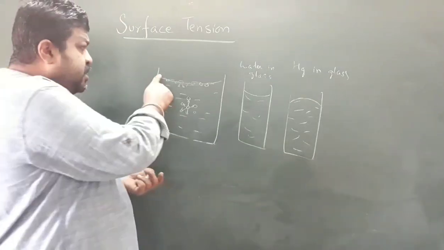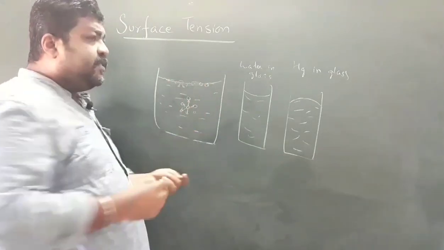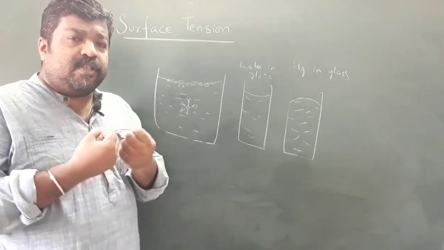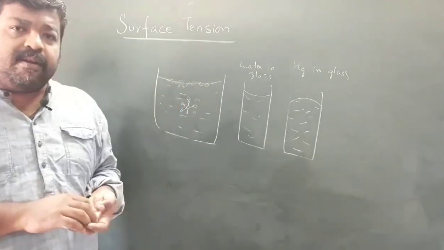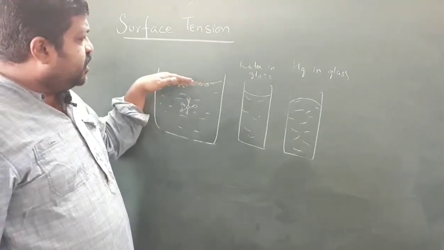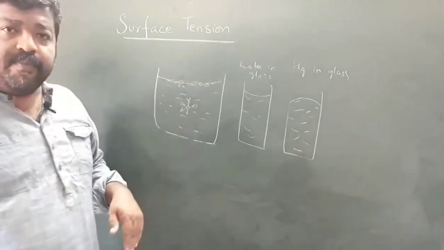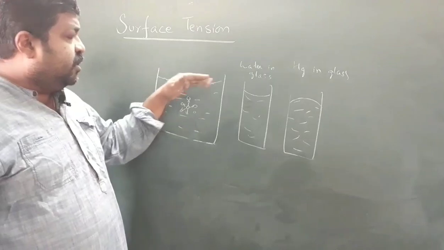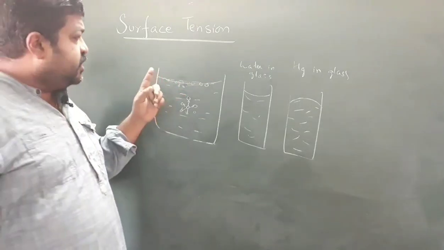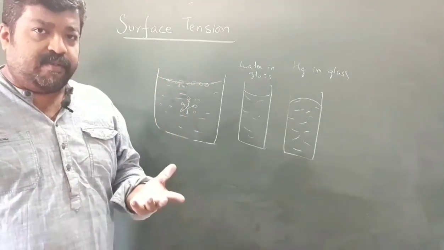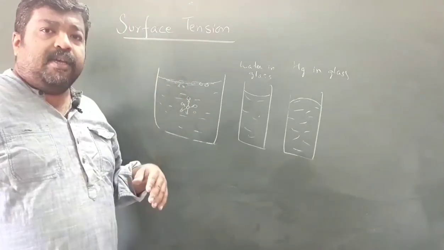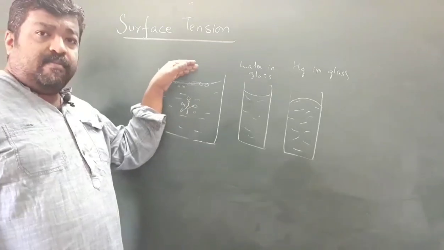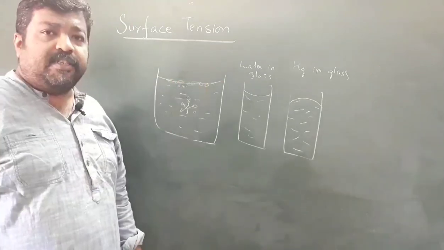Since these molecules have some extra force, I can call this surface a membrane, because it is the interface between the liquid and air. So this is the free surface. One important thing: surface tension can arise only on a free surface, the surface which is exposed to air, in contact with some other medium.